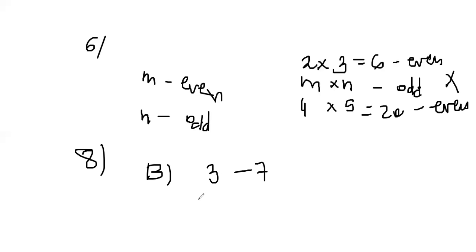It's not specified which difference, so we have to consider the statement in general. So 3 minus 7 is minus 4. A little number minus a big number makes it minus 4. Minus 4 is not natural. So we come to the conclusion that 8B is false. That's what we have been required to find.